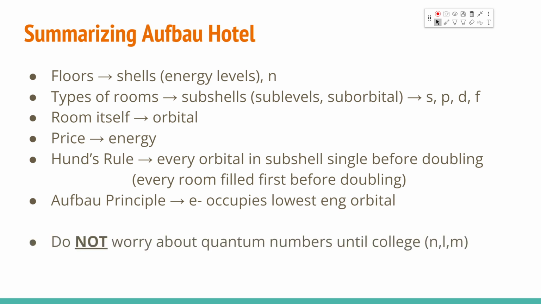And then you might read the textbook and you might have run into quantum numbers. And so those are N, L, M. You don't need to worry about it for the AP Chem test. They will become a thing in general chemistry in college if your professor uses it or not. Essentially, it's just defining exactly which particular electron you're talking about.